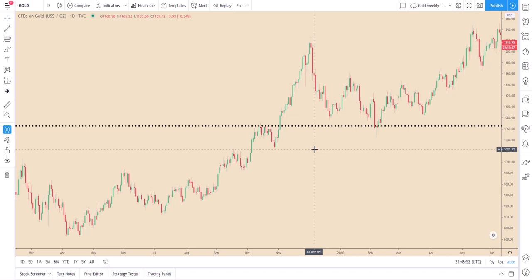What is that? 1023 up to 1226, that's $203. And so in less than about a month, 4 calendar weeks, price gained $200 right there, which is fairly remarkable.